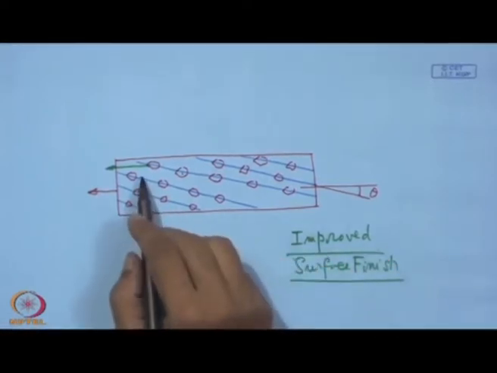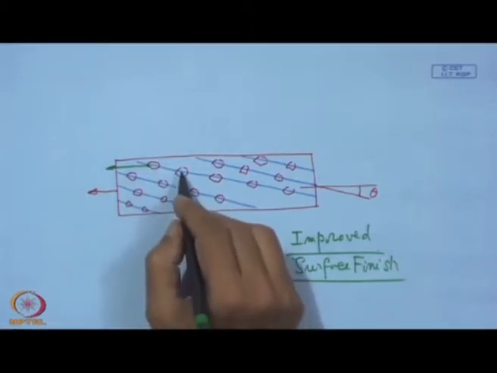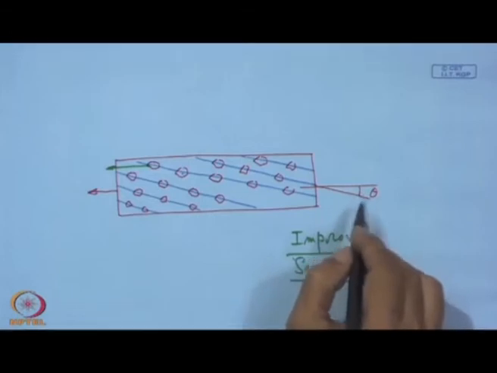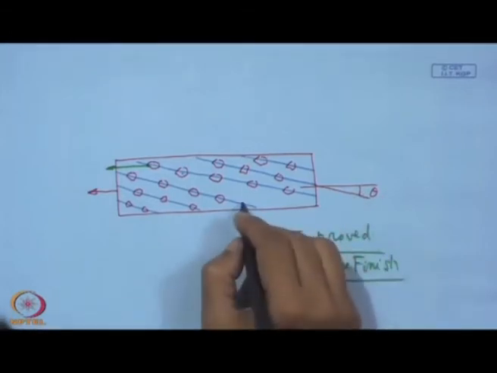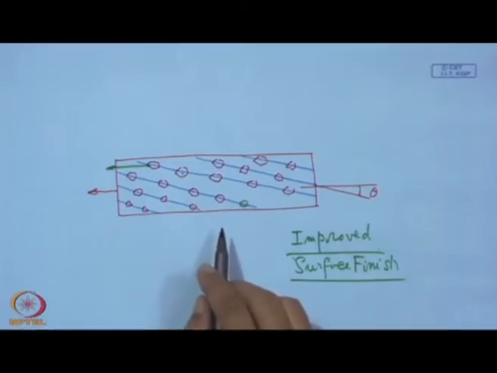So, here we have the longitudinal pitch PL, the transverse pitch PT, and also this value of theta. With such orientation it is expected that we can have a better finish.